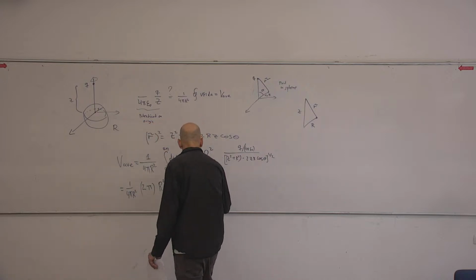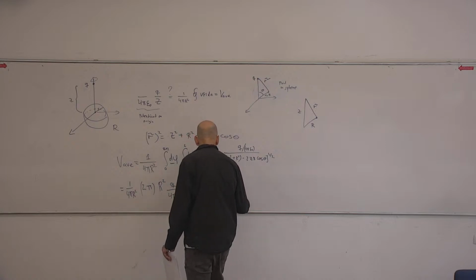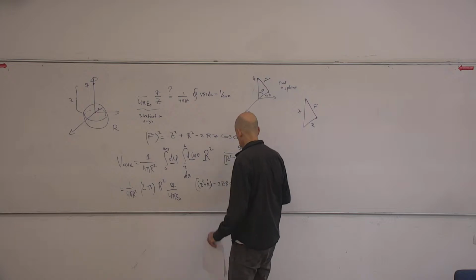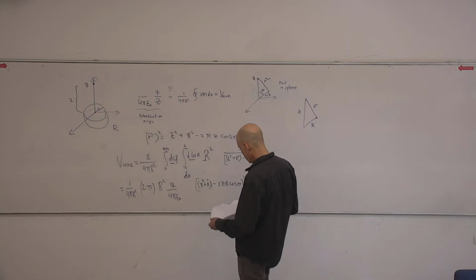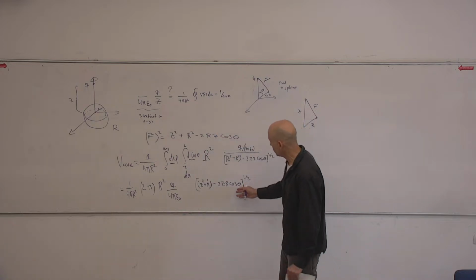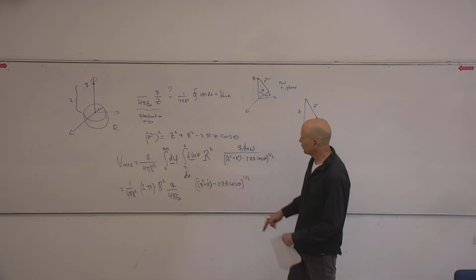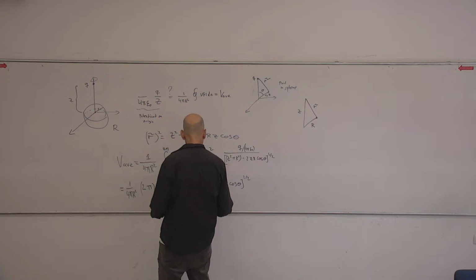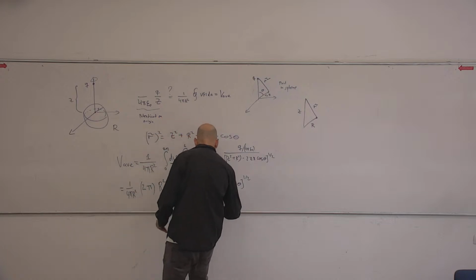I'm going to do it as z squared plus R squared minus 2zR cosine theta. But now the minus half goes into plus half. It's not downstairs. And if you understand things about this integral, then you need to, for the internal derivative, divide by there's a 2 and there's a minus 2zR.